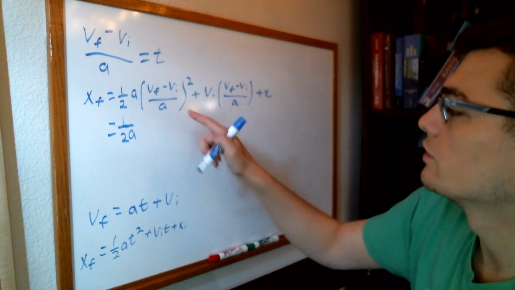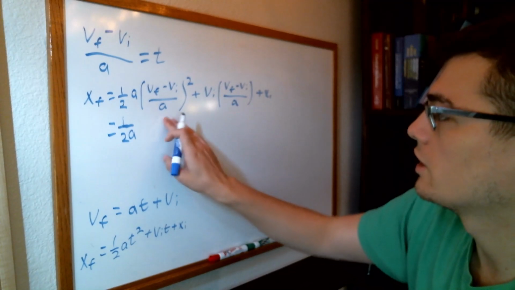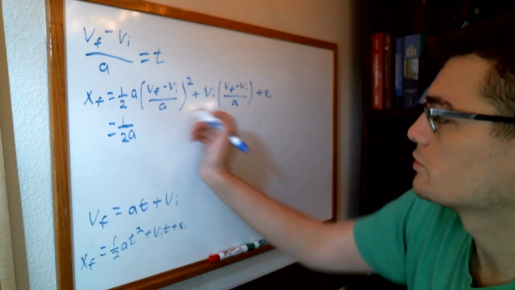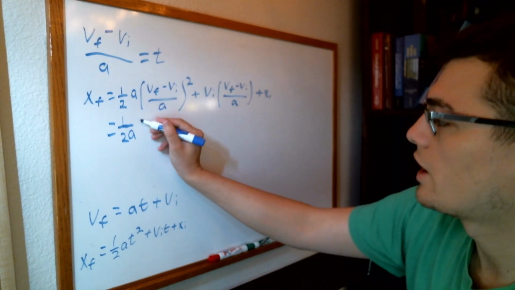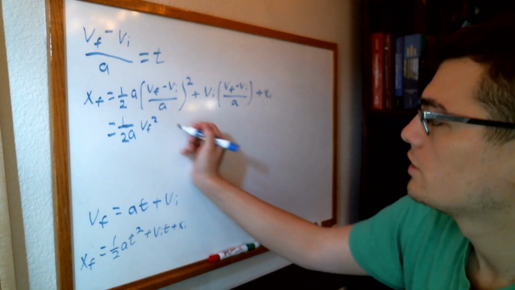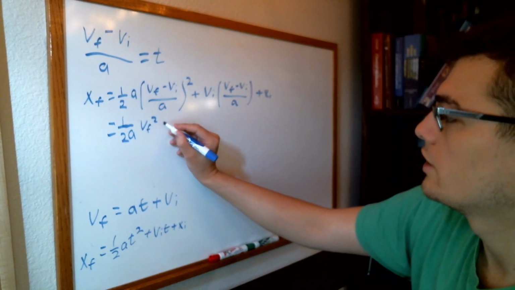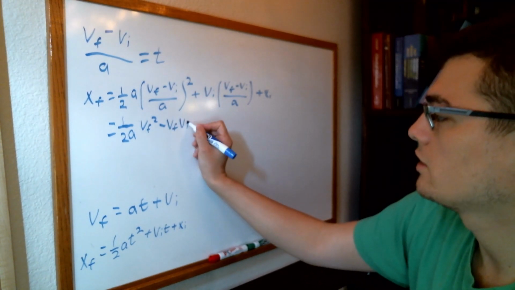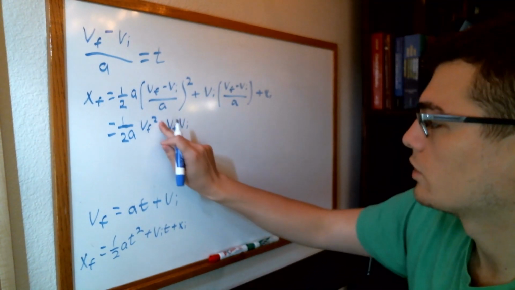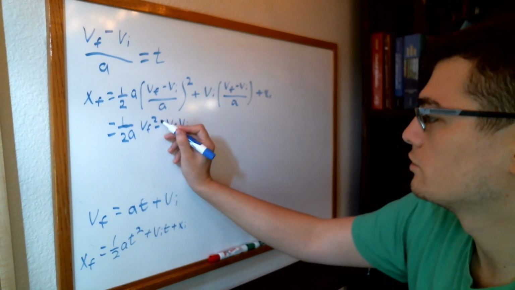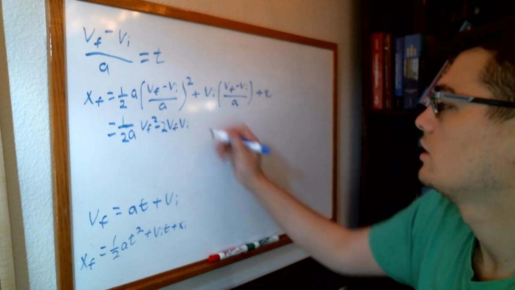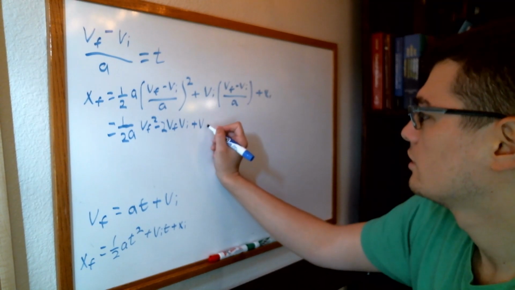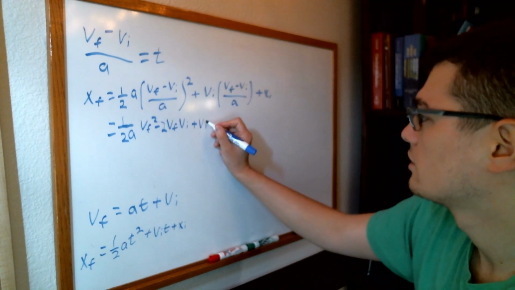And then we can now just FOIL this because we don't have anything left inside the parentheses on the bottom because we can just take that out. So then we'll have vf squared, and then we'll have minus vf vi, but we're also going to have a second one, so we can make this a 2 vf vi, and then we're going to have plus vi squared.